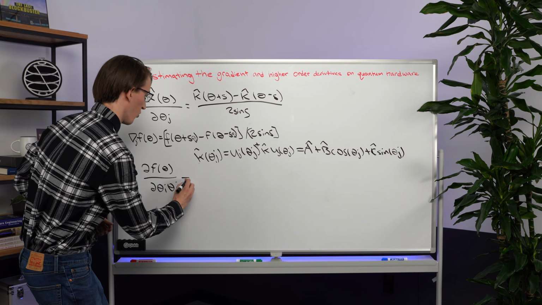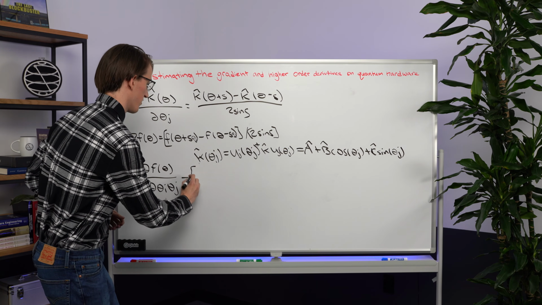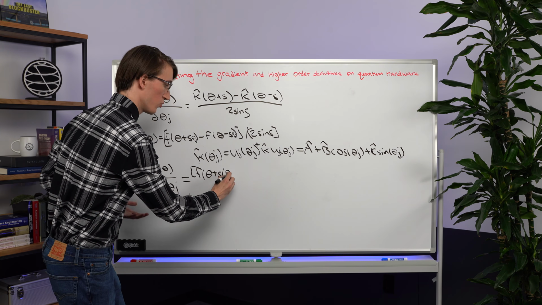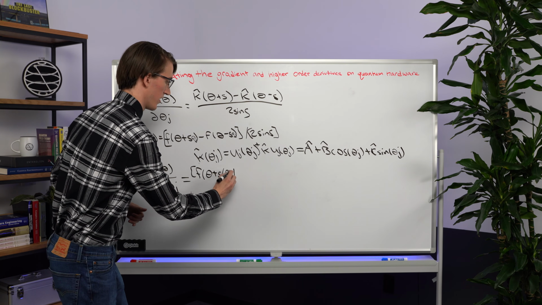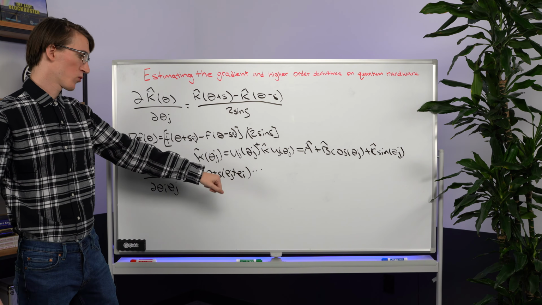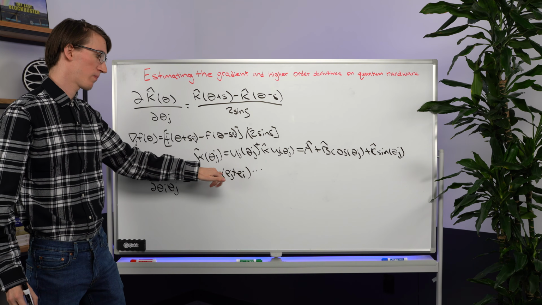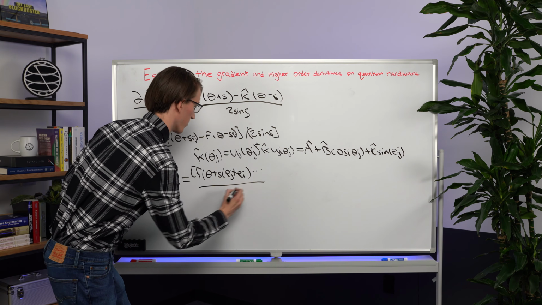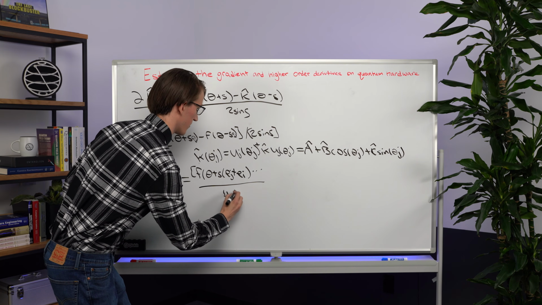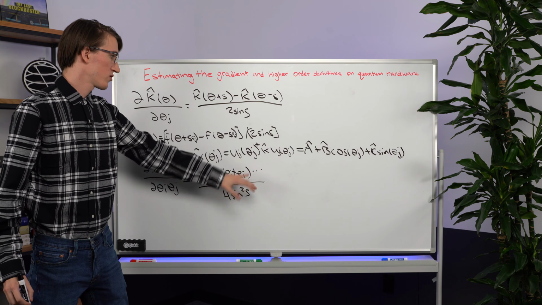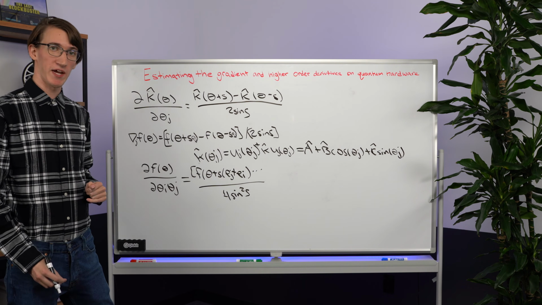I won't write out the whole equation, but you can see the general format will be f of theta plus s, and now we'll have 2 of these unit vectors, ej, ei, and we'll have all 4 combinations. So it'll be plus plus, minus plus, plus minus, and minus minus. And this will all be over 4 sine squared s, because we applied this twice, so we're multiplying this together.